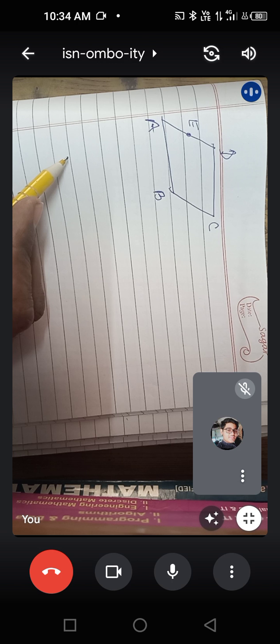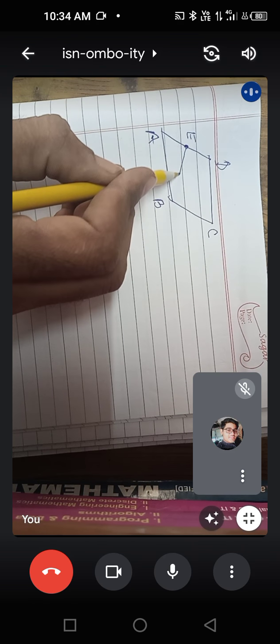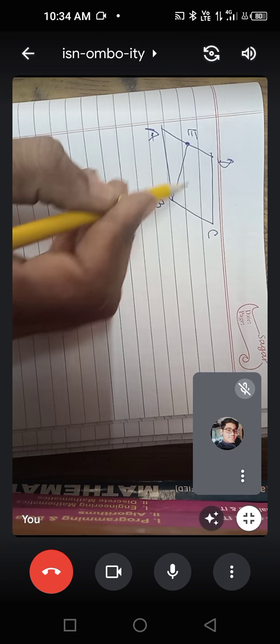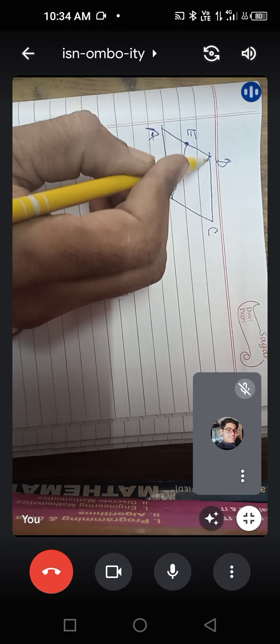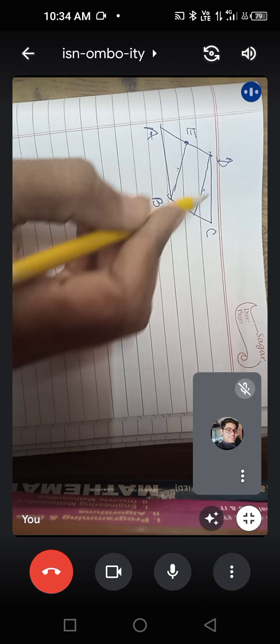A line through D is drawn parallel to EB. Now EB is joined, and a line is drawn parallel to this line, that is EB. This and this line are parallel.